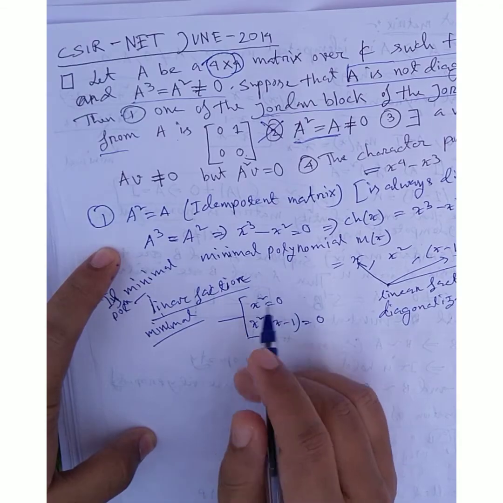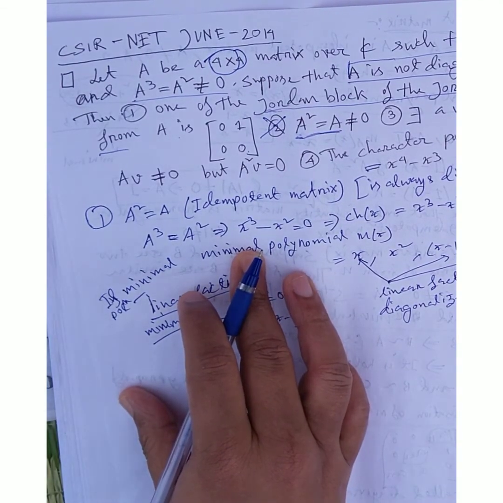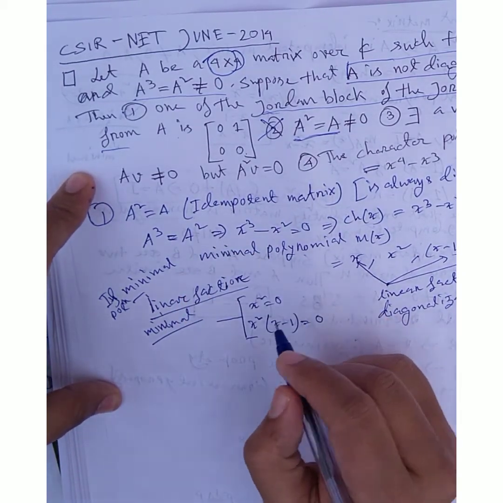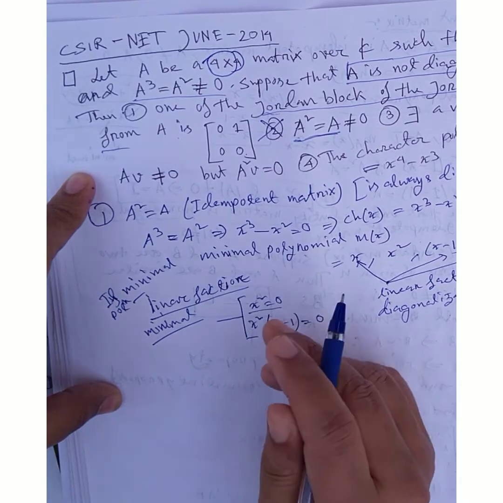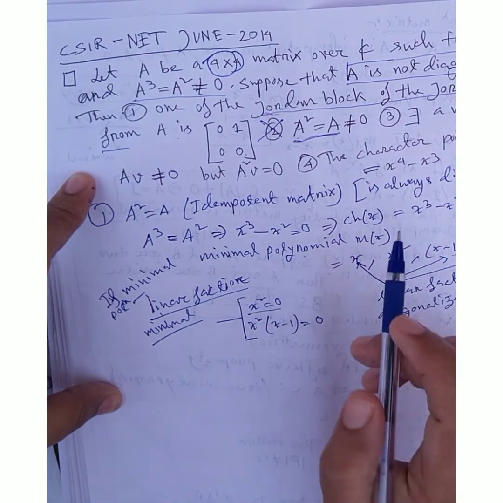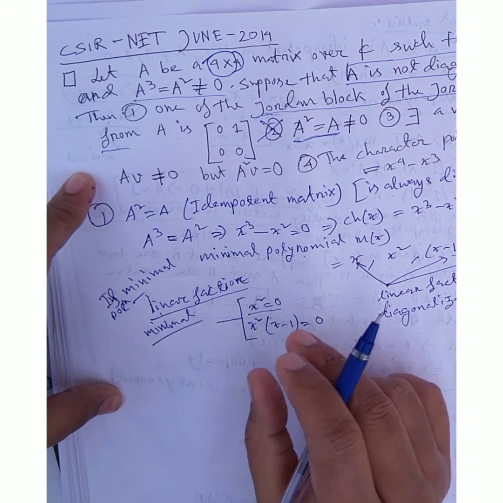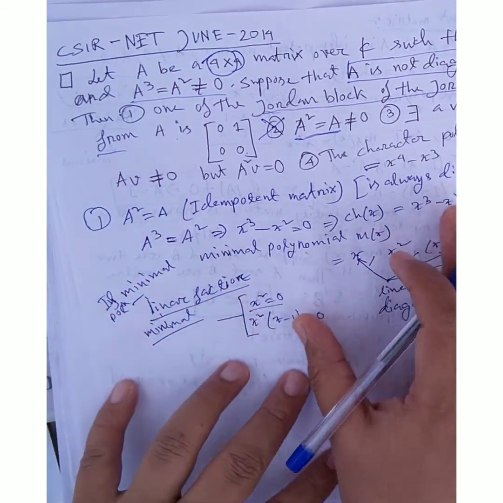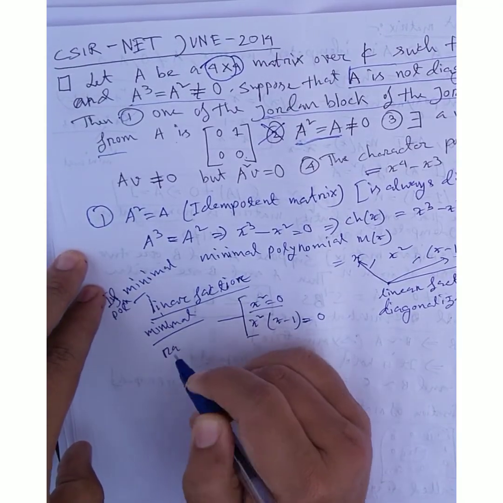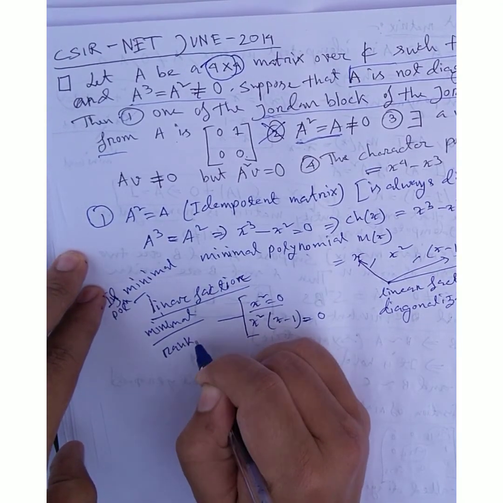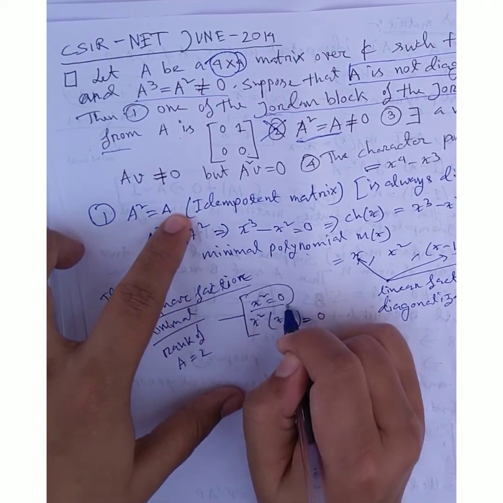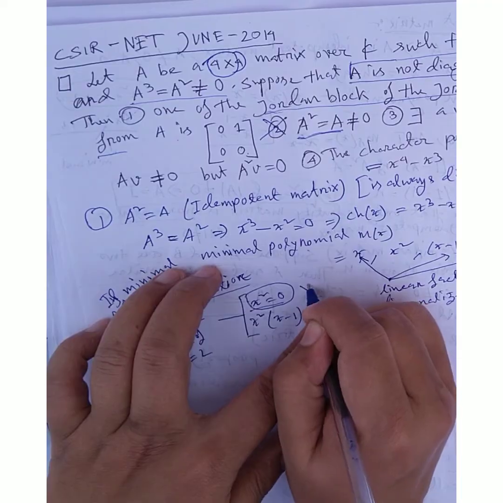So friends, I have to consider the Jordan canonical block and minimal polynomial. My possibility x square equals 0 is also not diagonalizable, and x square into x minus 1 equals 0 is also not diagonalizable. And here rank of A is equal to 2, so x square equals 0 is cancelled.